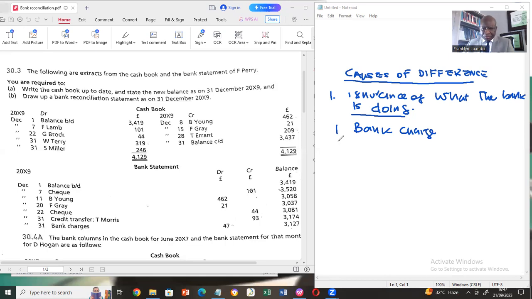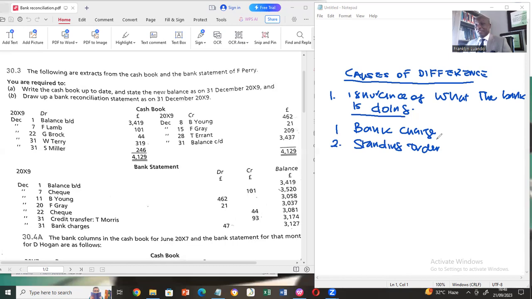Number two, standing orders. The current account holder may give instructions to the bank that they pay on their behalf a fixed amount at regular intervals.